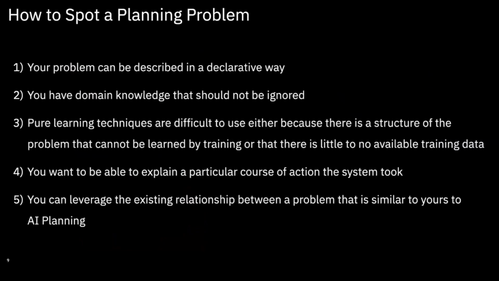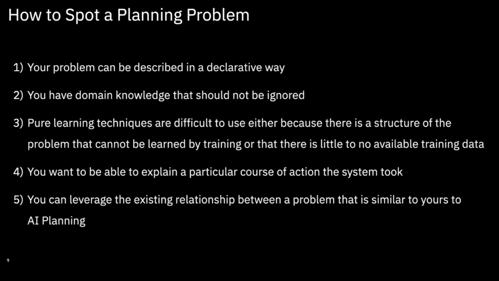Now, how to spot a planning problem? AI planning can help when your problem can be described in a declarative way, or you have domain knowledge that should not be ignored, or when pure learning techniques are difficult to use either because there is a structure of the problem that cannot be learned by training, or there is little to no available training data.